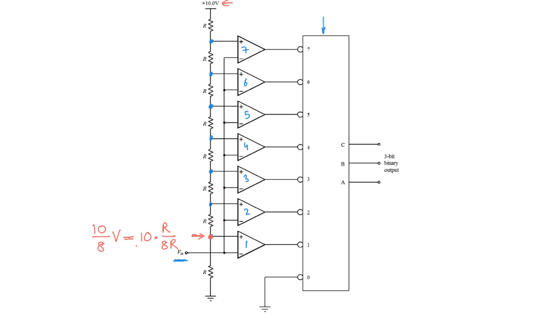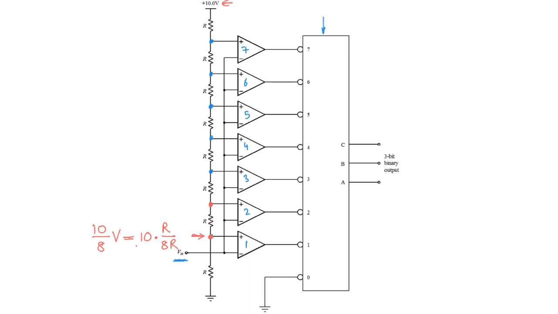Of course, we are assuming in this case that the current that goes into each of these comparators is 0. We can assume that because in most comparators available in the market, the input impedance is very high and the input current is very, very low. Let's continue and look at the voltage at this point.